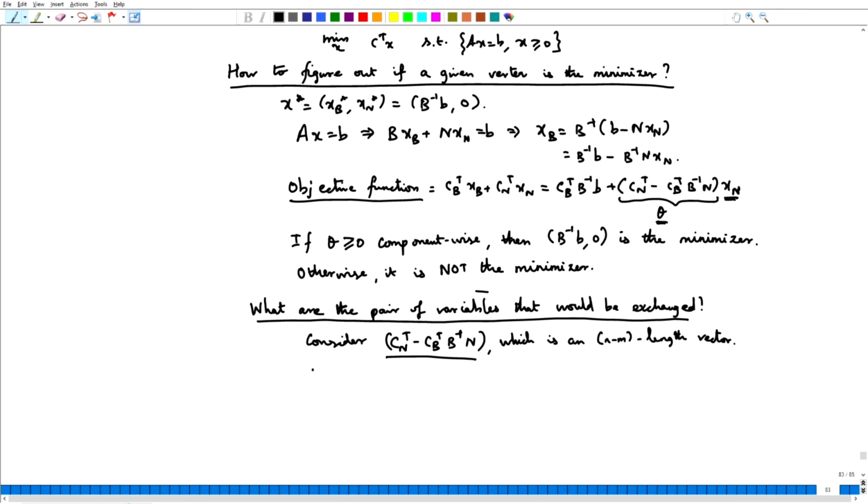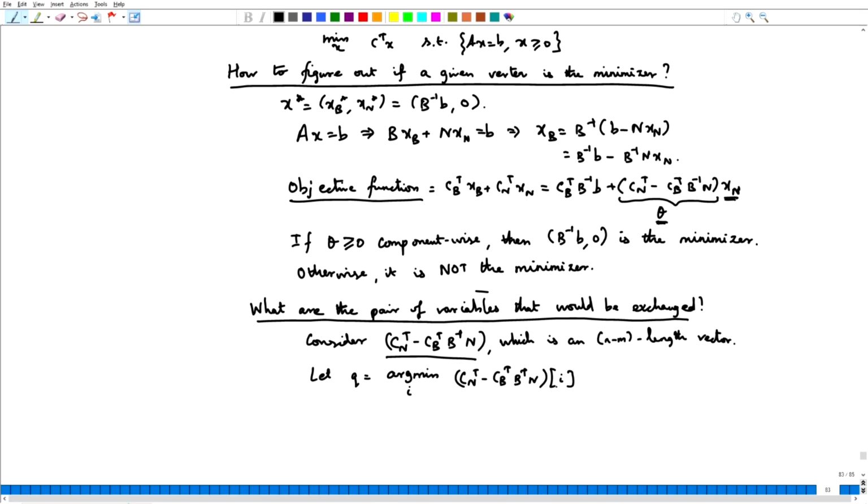So let q equal the argmin over i of Cn transpose minus Cb transpose B inverse n, at i. Since this is an n minus m vector, I am writing this in Python notation, if you are wondering what it means. The vector has n minus m elements: element 0, element 1, dot dot dot, element n minus m minus 1, right.